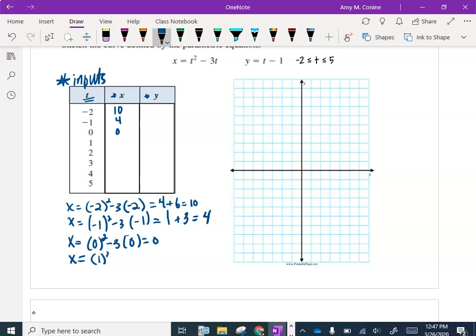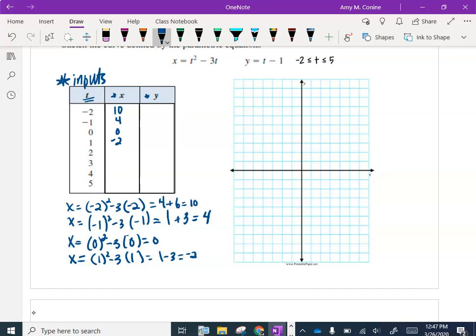So plugging in 1, 1 squared minus 3, you should get -2. And you're going to do that for each of them. You need to take the time right now and do that. You can use your calculator for that.